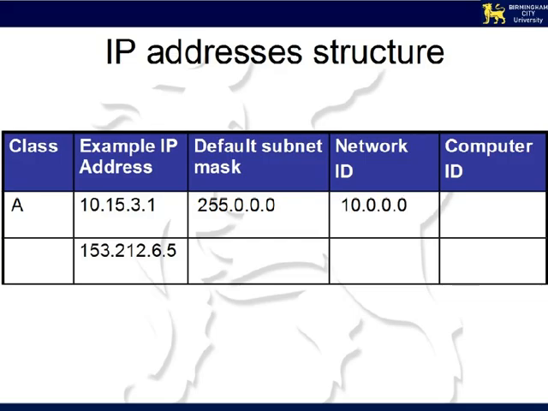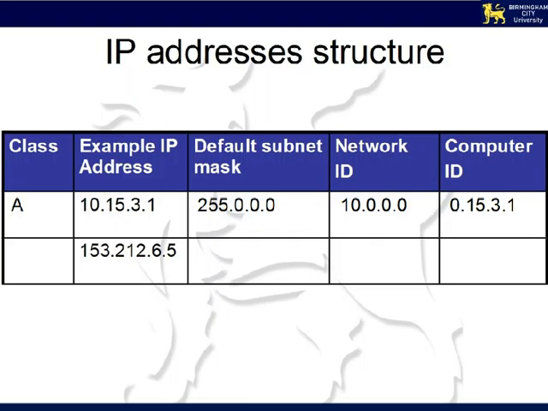Using the method from the previous slide, wherever there is a 255 in the subnet mask, that part of the IP address forms part of the network address. We can see the network address would be 10.0.0.0, as only the first octet of the subnet mask has a 255 in it. Whatever remains of the IP address, once we've subtracted the network portion, forms the host ID.